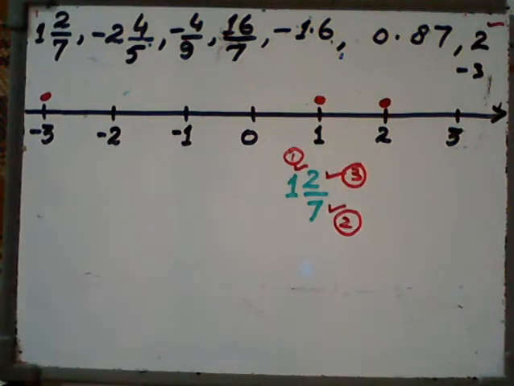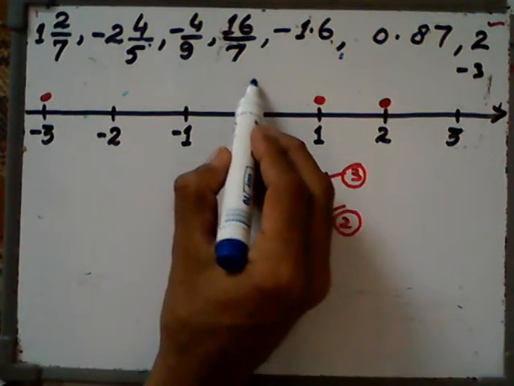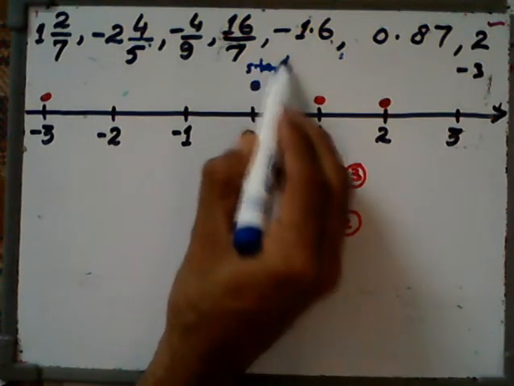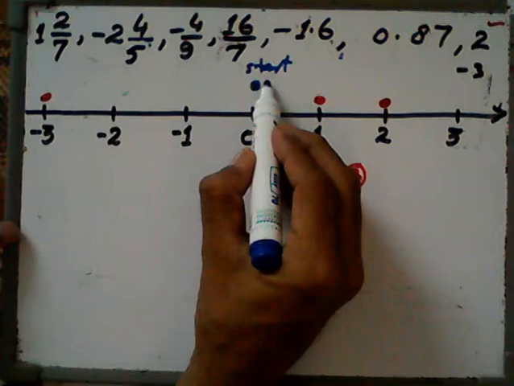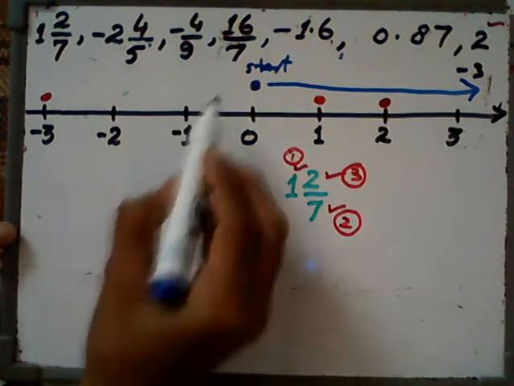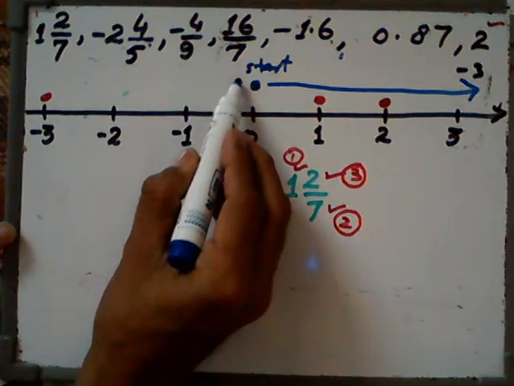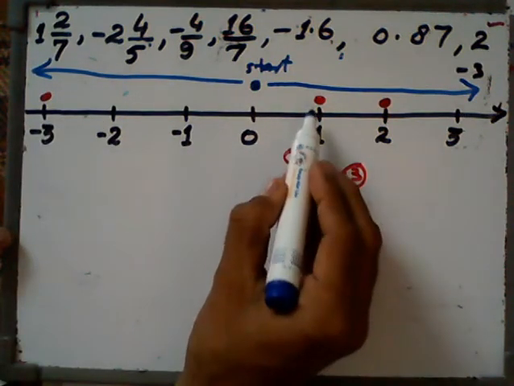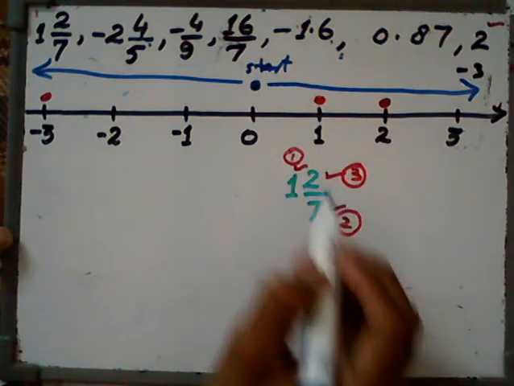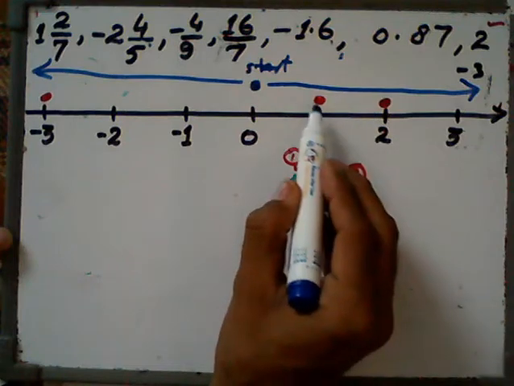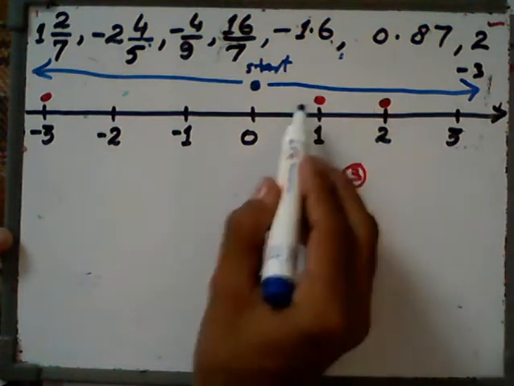We must remember that this is our starting point, and from the starting point, if we are going positive, we move to the right, and if we have a negative number, we move to the left. So the next 7 intervals will be split from 1 toward the right side, not the left side.